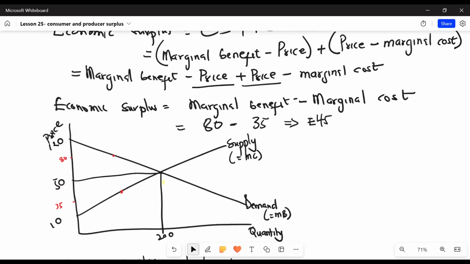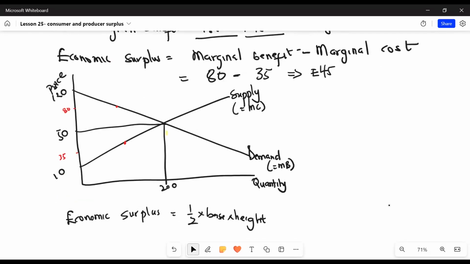Now let's look at the curve for economic surplus. Economic surplus of a single transaction is the marginal benefit minus the marginal cost. However, total economic surplus is the area between the demand and the supply curves out to the quantity bought and sold.